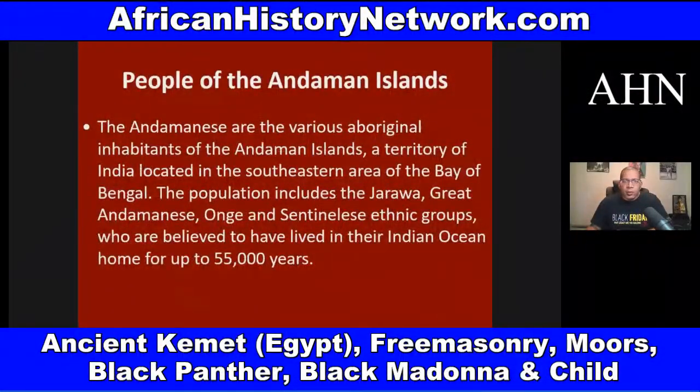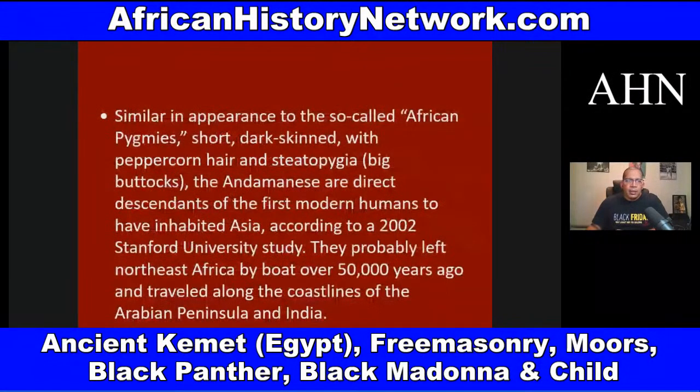We also deal with the Africans on the Andaman Islands, the Jarawa, who are believed to have lived in their Indian Ocean home for up to 55,000 years. Similar in appearance to the so-called African pygmies, they are short with dark skin, peppercorn hair, and large buttocks, steatopygia.